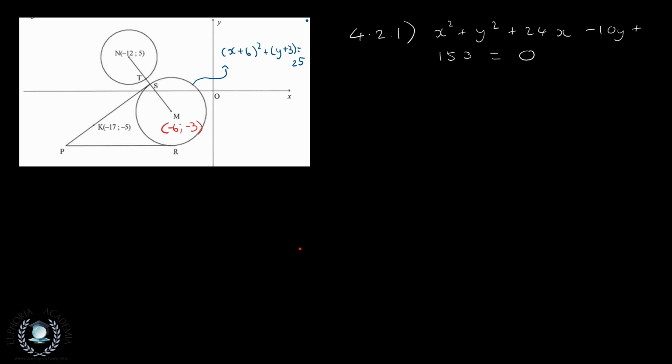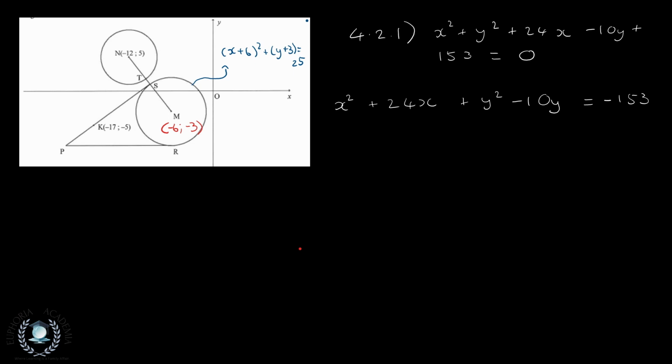So we're going to say x squared plus 24x plus y squared minus 10y is equal to, and we're going to take the 153 to the right hand side, so we have minus 153. With completing the square, you should always try and write like things on the side so that it becomes easier when you need to factorize.